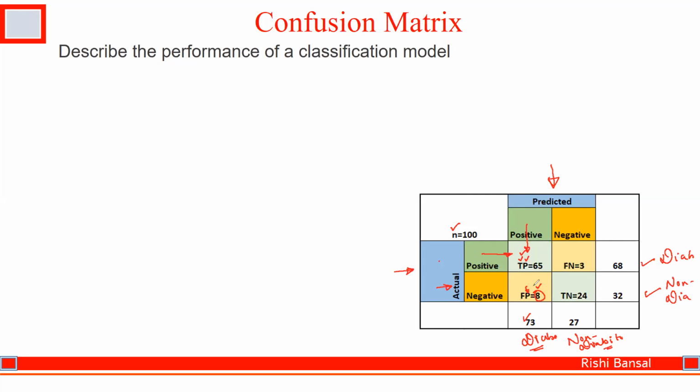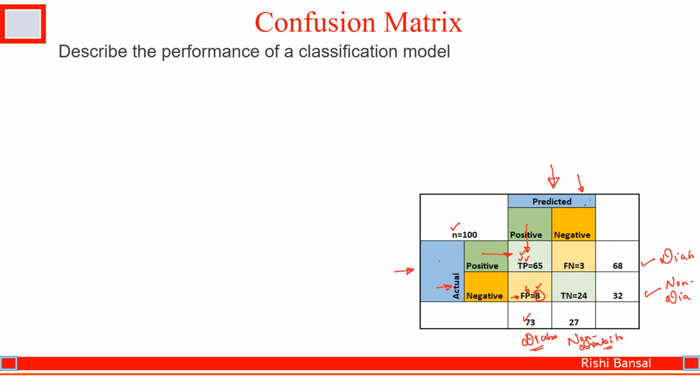You said the person is diabetic, but the person was not diabetic, so it is called false positive. Clear on this point? This is a very important and confusing matrix. Now, predicted negative.